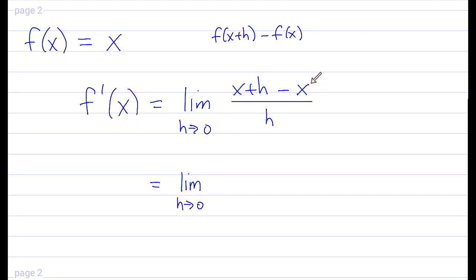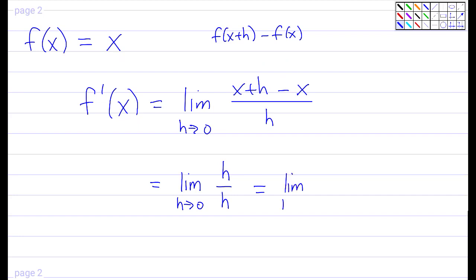If you have any terms in the numerator without an h in it, you're going to be in trouble. In this case, notice how the x here cancels the x here. All I get is h over h. Well, that's just the limit as h goes to 0 of the number 1. Well, that's about as easy a limit as it gets. That's 1.